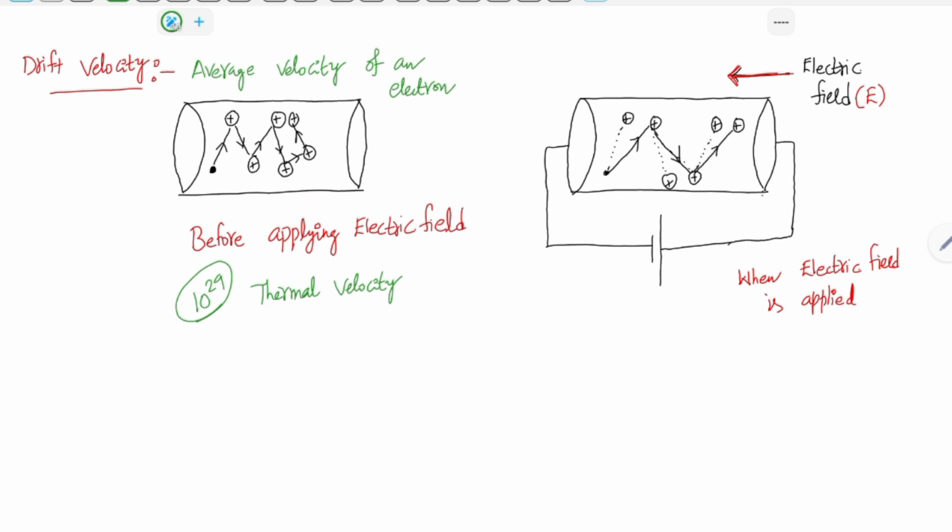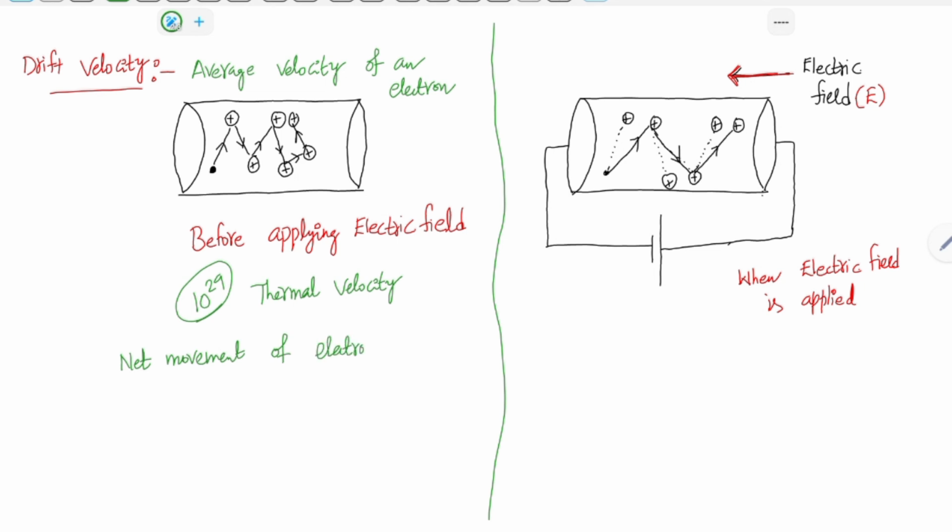Like this, a lot of collisions will take place inside this conductor, so that the electron will not move anywhere further. So the net movement of electron in this case, let me divide these two cases with the help of a line, is zero. Why? Because the electrons inside this copper wire are moving with very high velocities and collide with the positive ions inside the conductor, and because of these collisions, the net movement of electron is zero.